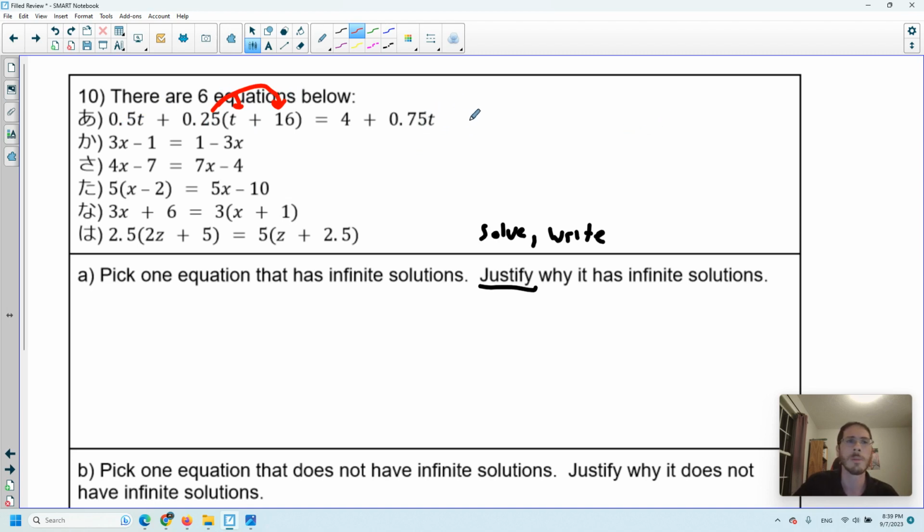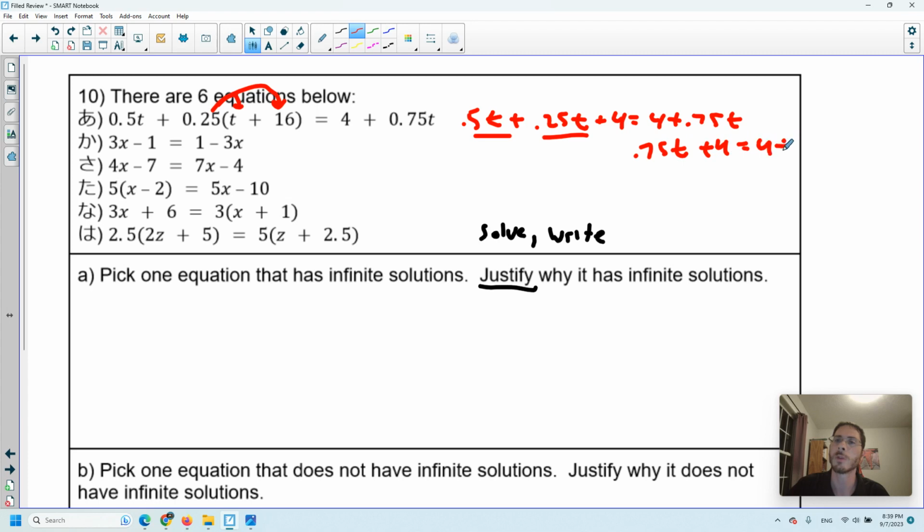So it's going to become 0.5t plus 0.25t. 0.25 times 16 is 4, so plus 4 equals 4 plus 0.75t. If I combine these two as like terms, I'm going to get 0.75t plus 4 equals 4 plus 0.75t.